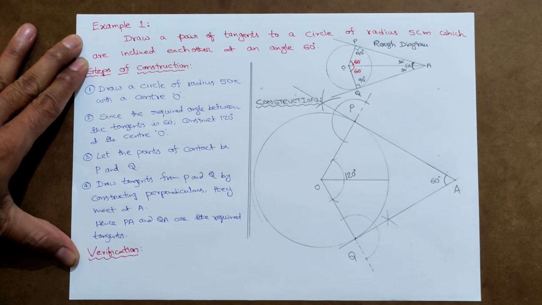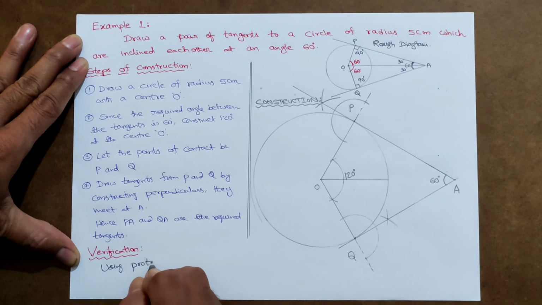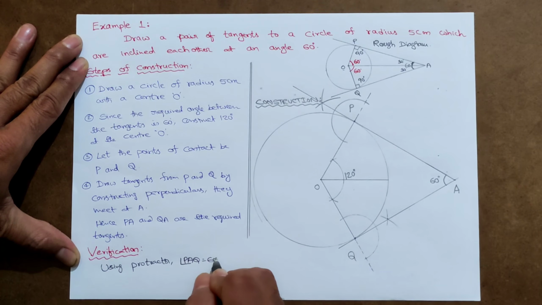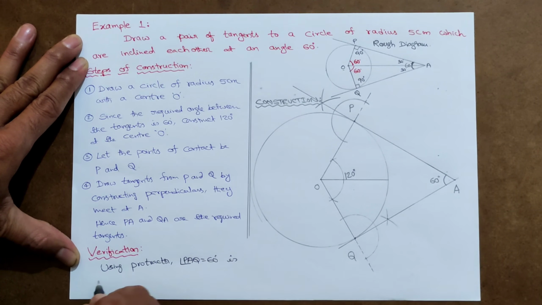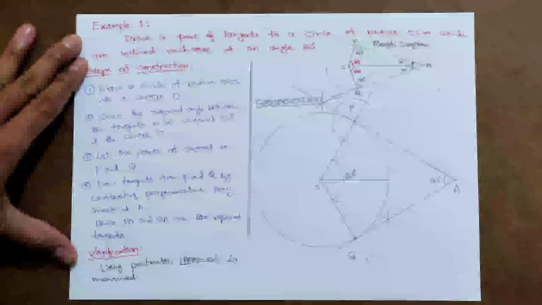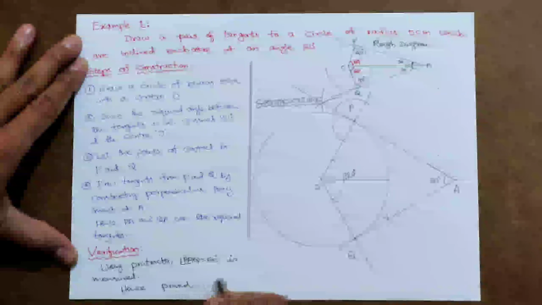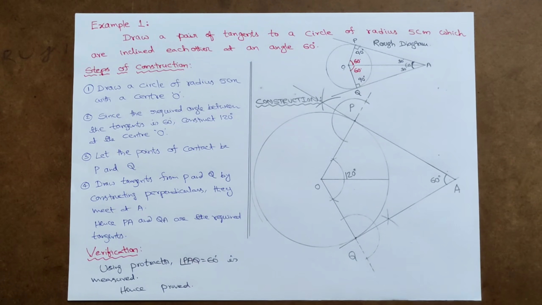In verification, you see, we can write it as: using protractor, angle PAQ equal to 60 degrees is measured. So hence proved. With this, example 1 gets completed.